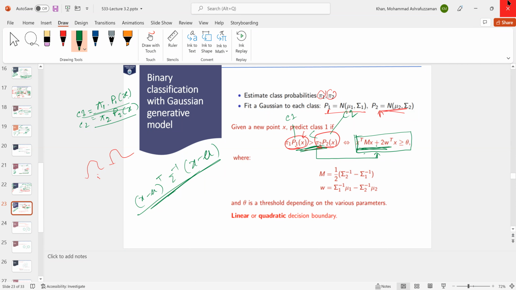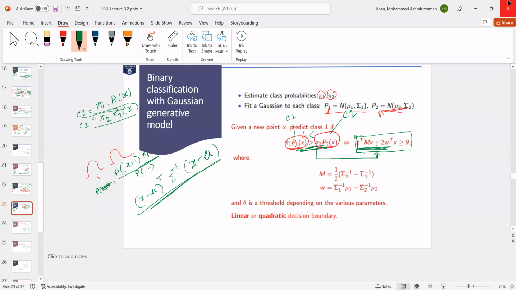So it's basically the probability of, for example, the new data point coming from distribution 1. It will be like probability of x given class 1, times the prior value, if we come from Bayes.